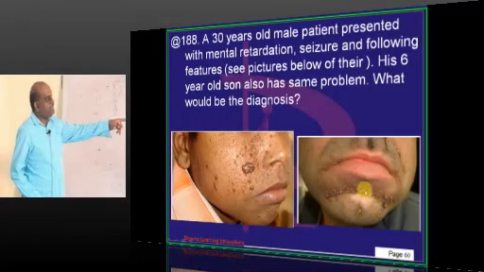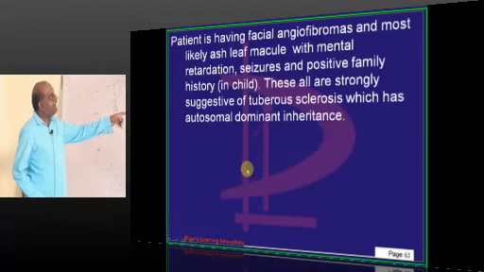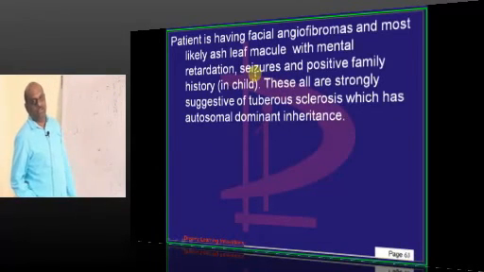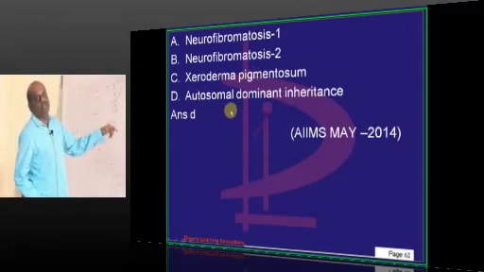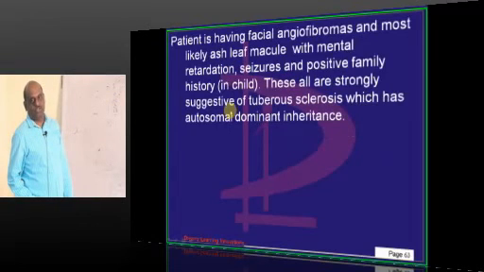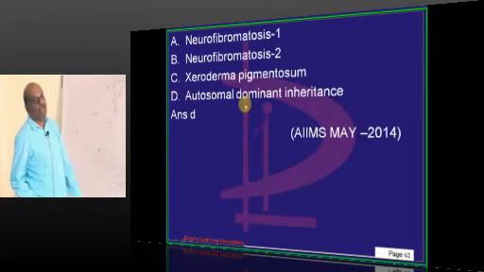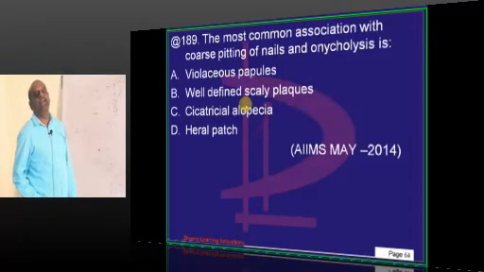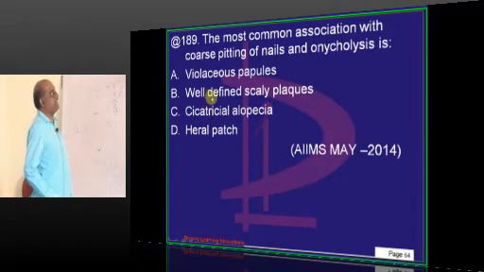So what is this called as? Hypopigmented macules called ash leaves. Then what are these things that you are seeing here? They are classical of facial angiofibromas. So what is that? Basically tuberous sclerosis. What type of inheritance pattern will it follow? Autosomal dominant inheritance. That is what is examined.